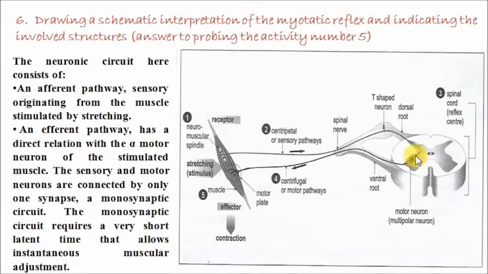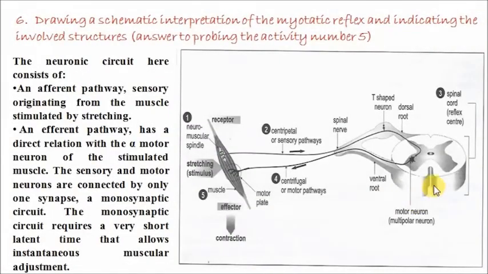Now, as you would observe here, we have a synapse between the terminal end of the sensory neuron and the cell body of the motor neuron. Here, this is a direct synapse. One synapse. This is why we say that we have here a monosynaptic circuit.